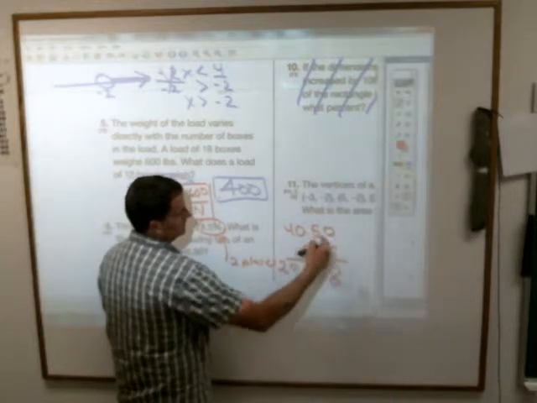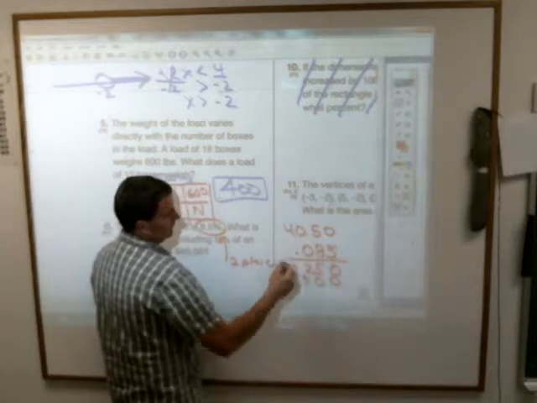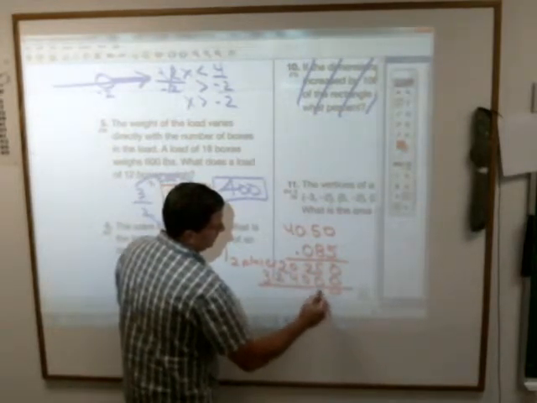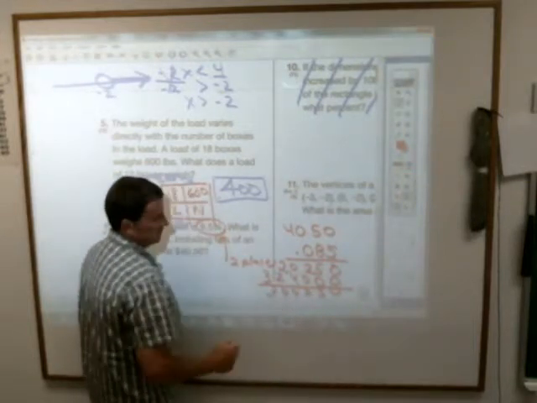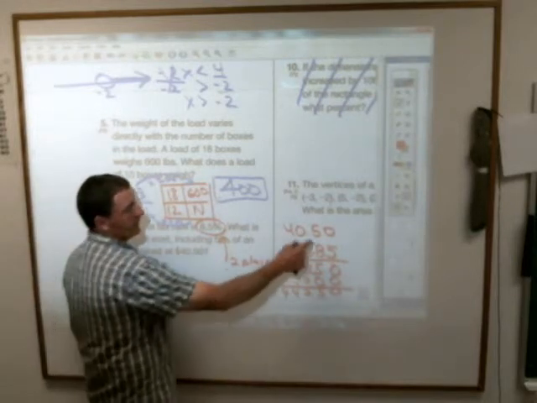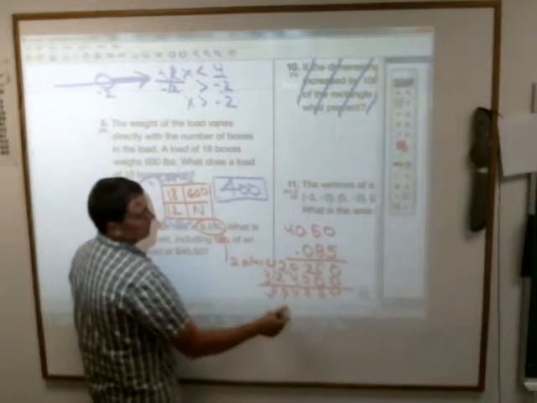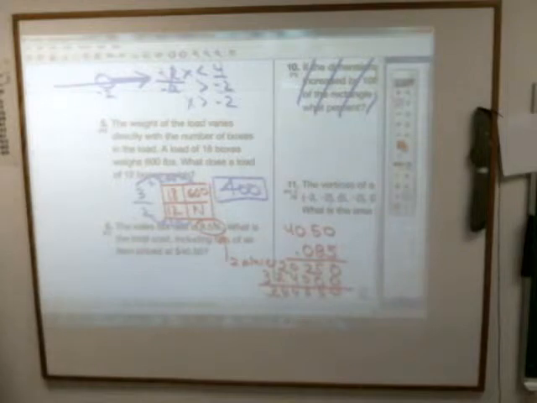Add a 0, 8 times 0, 8 times 5 is 40, 8 times 4 is 32. You get this goofy long number here. How many decimal places are there? 5. 1, 2, 3, 4, 5. So you come back 1, 2, 3, 4, 5. Your answer is either going to be $3.44 or $3.45.